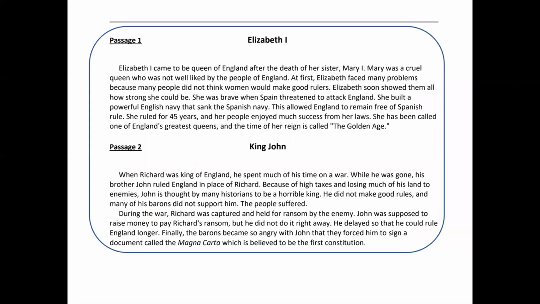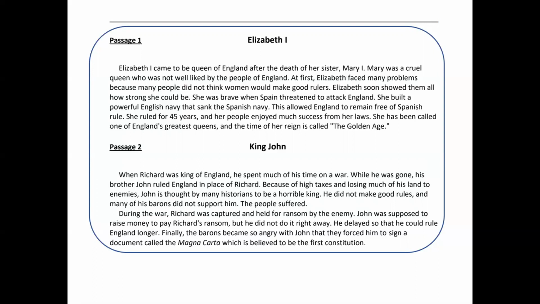So now you have a passage in your distant learning packets. Hopefully you have them with you right now. The first passage is a short paragraph, and it's titled Elizabeth the First, okay? And then the second passage is titled King John.